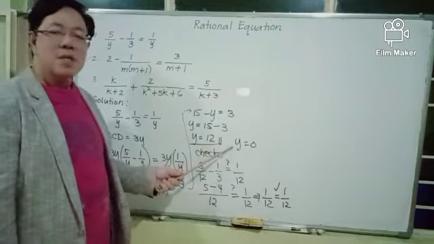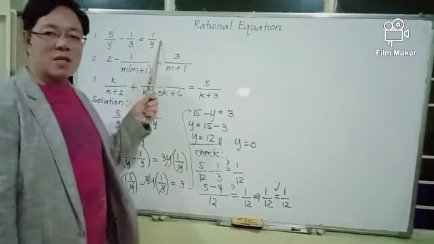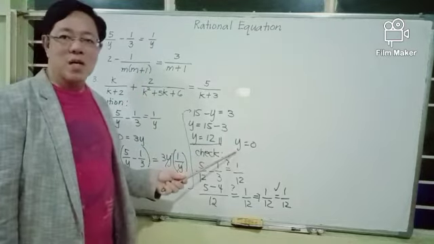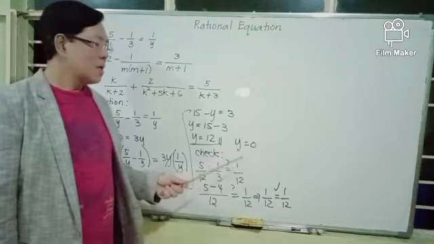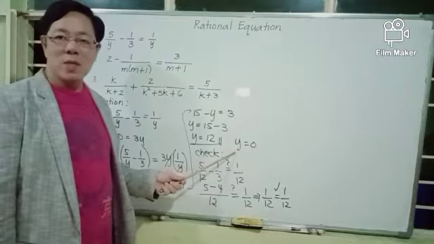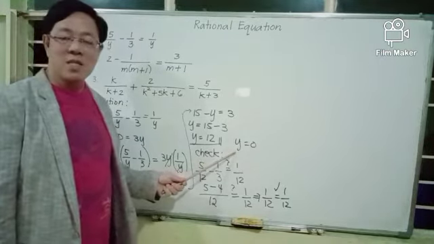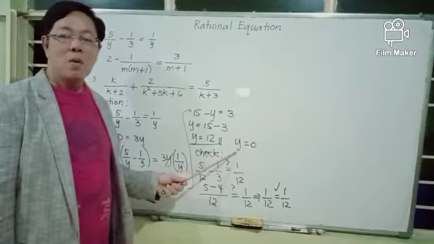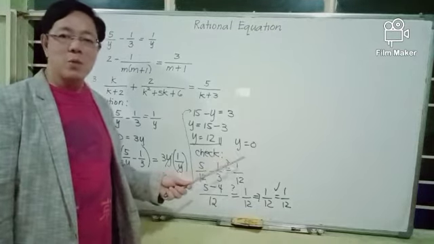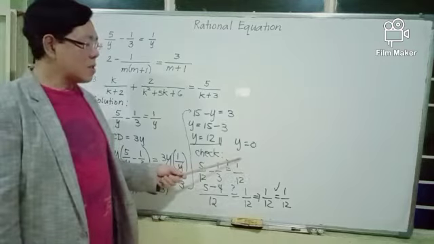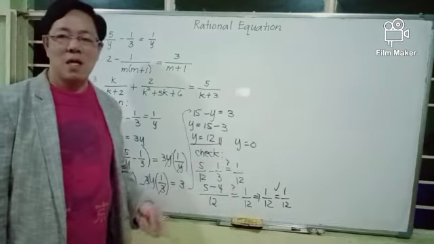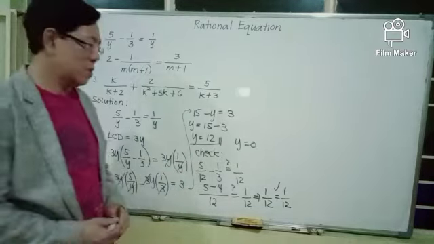Also, this value of y equals 0 will make this rational expression undefined because 5 over 0 is undefined. But when you solve this rational equation, if the value that you get is y equals 0, then you will reject this value. This value of y equals 0 will be rejected, and you will say that y equals 0 is an extraneous solution.